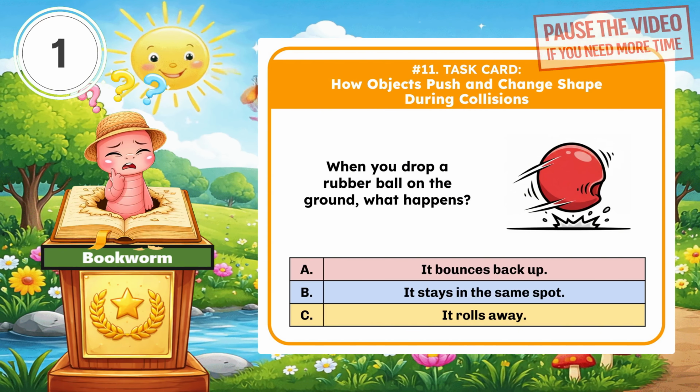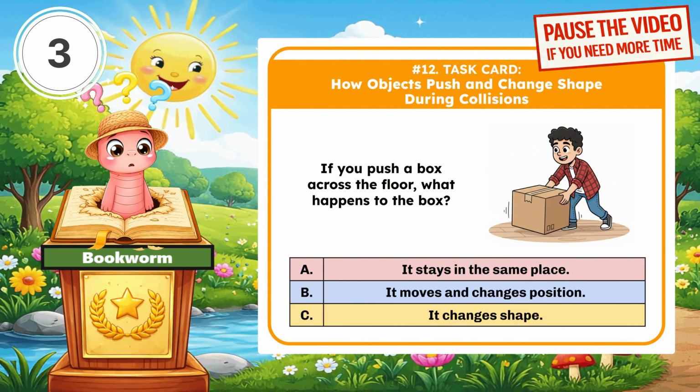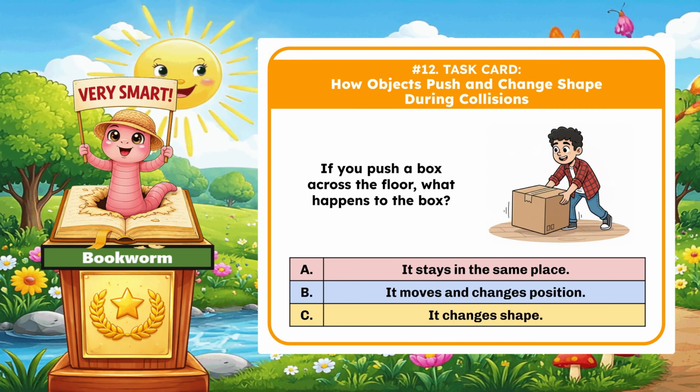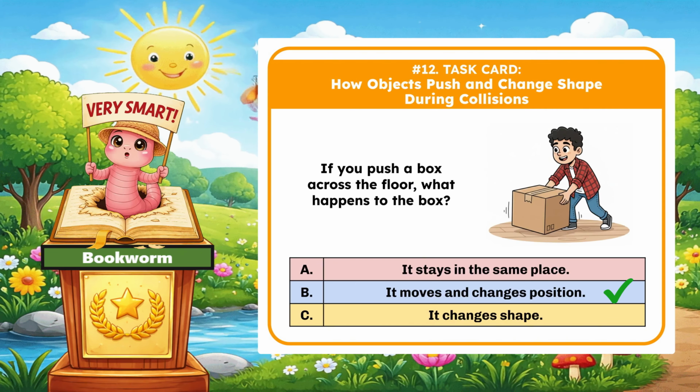If you push a box across the floor, what happens to the box? And the correct answer is letter B. It moves and changes position.